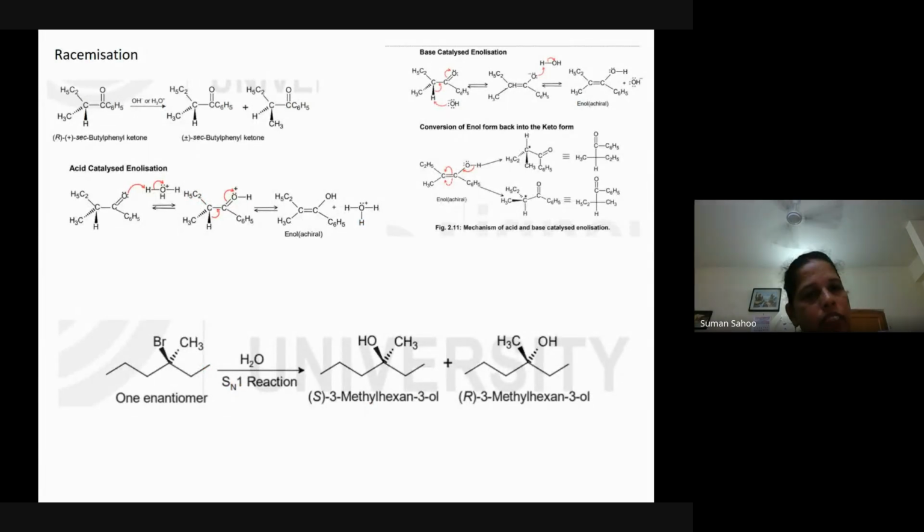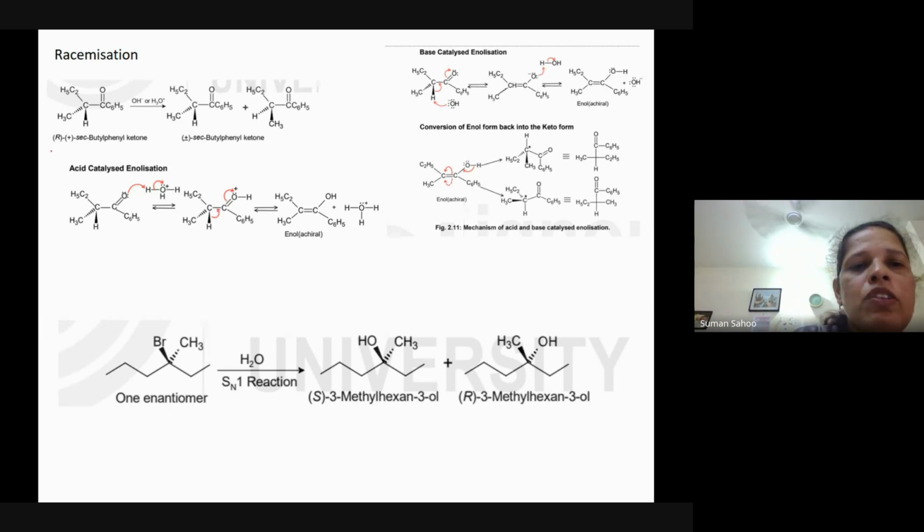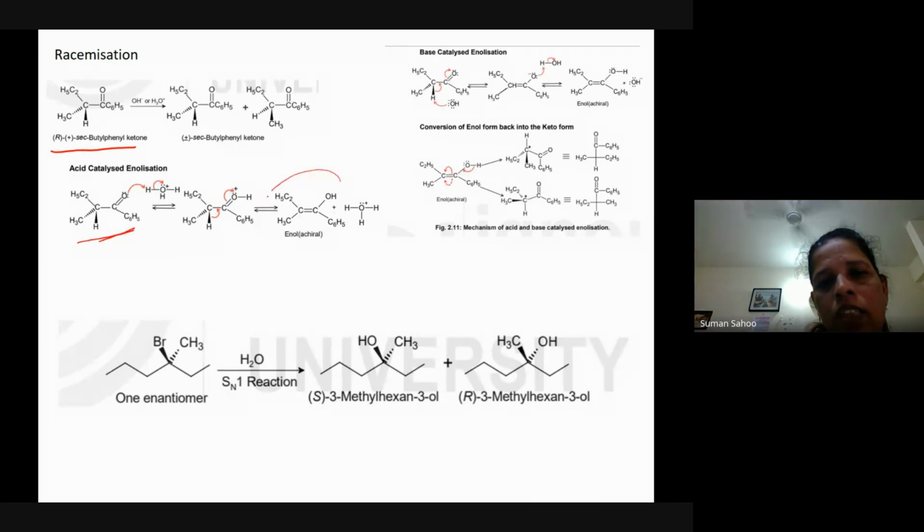Again, racemization. If you have an enantiomerically pure chiral compound, you can do racemization. In this process, suppose we do the acid catalyzed enolization of this ketone. In the process of enolization, you see this hydrogen is going to this carbon-carbon double bond. So the enol formed is achiral.